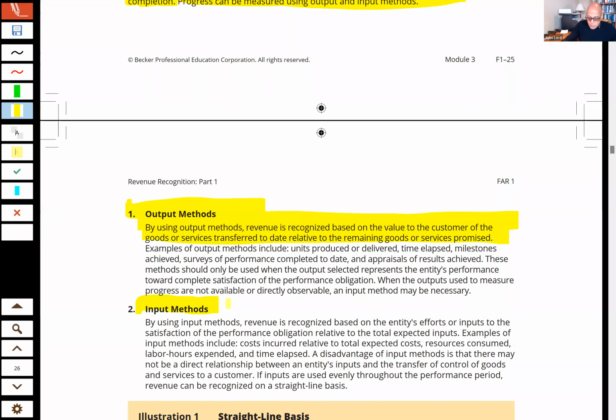If it's input method, I'll recognize revenue as I start to spend money, such as costs incurred, et cetera. We're going to look at completed contract method, percentage of completion method, accounting for construction contracts in a little while. And that's an input method because we look at where our costs have been incurred to date, and that allows us to determine how much revenue we're going to take.